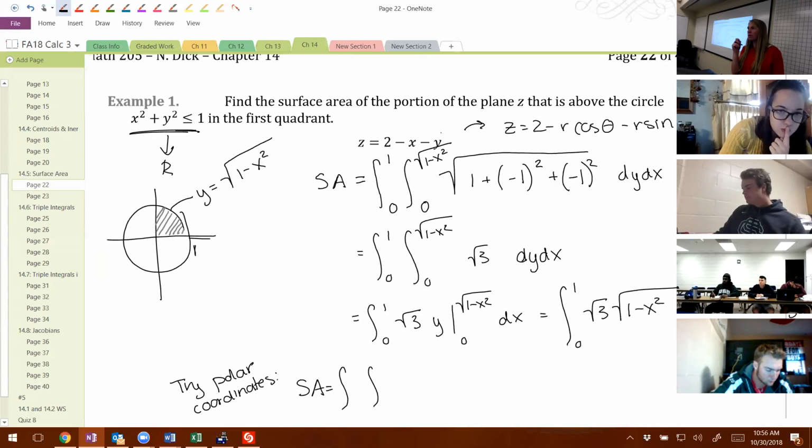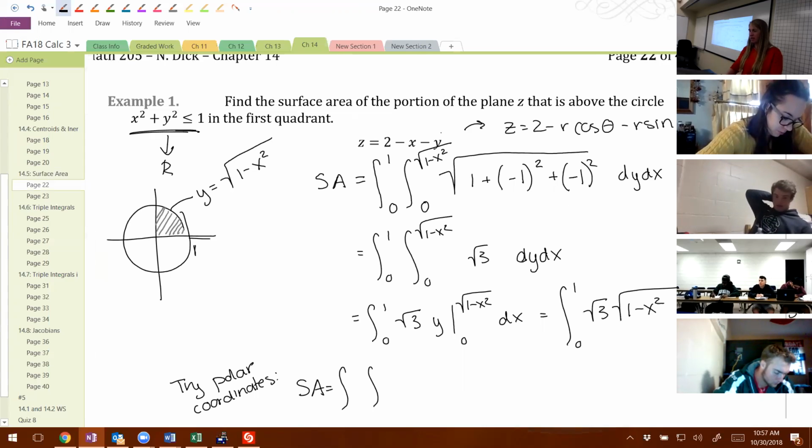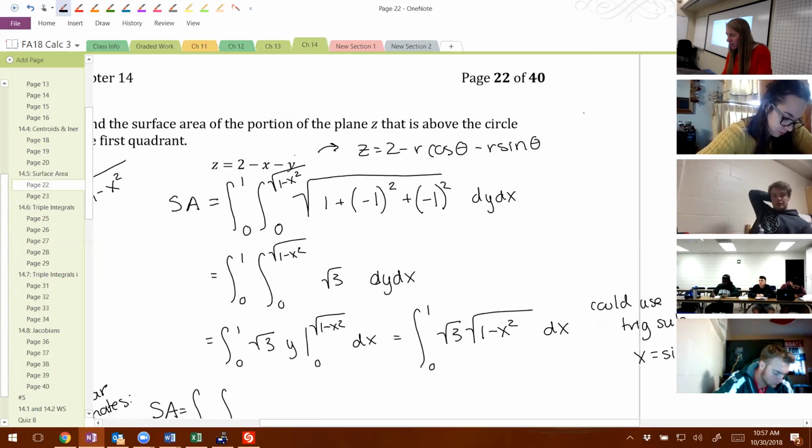No, because our integrand is the square root of the derivatives and all that stuff there. So we need to go back and find the partial derivatives of this with respect to r and with respect to theta. So if we find the partial derivative with respect to r, what are we going to get? Negative cosine theta minus sine theta.